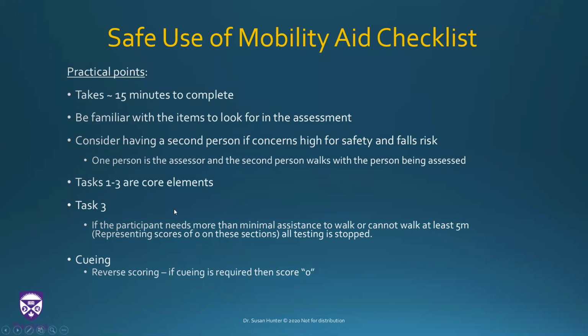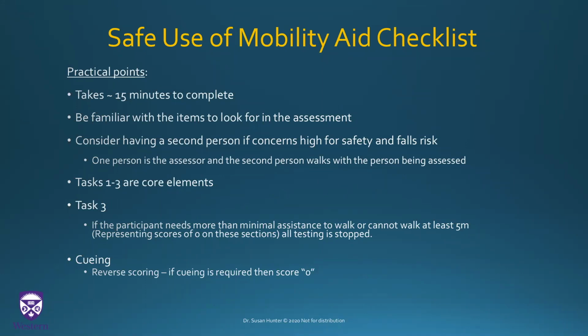For task 3, there is a safety requirement for proceeding to tasks 4 through 9. If a participant needs more than minimal assistance to walk, or cannot walk at least 5 meters, which are deemed as 0 function scores, then all testing is stopped and you don't proceed beyond task 3.